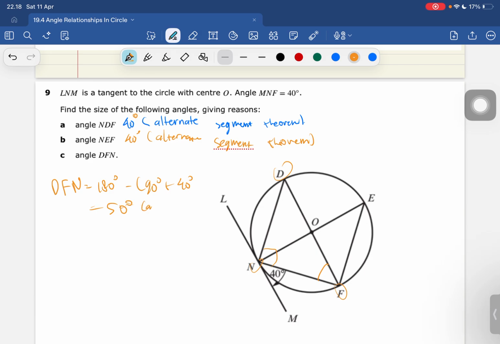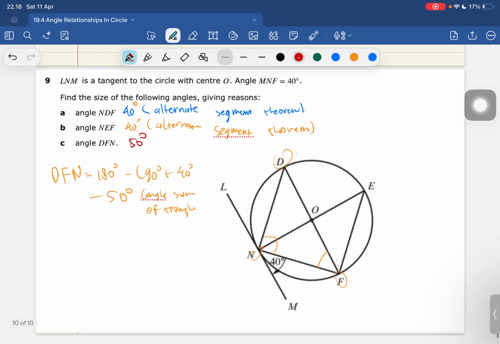Here is the angle sum of triangle. So DFN is going to be 50 degree. Write it here, 50 degree. Here is the reason. There it is. Thank you.